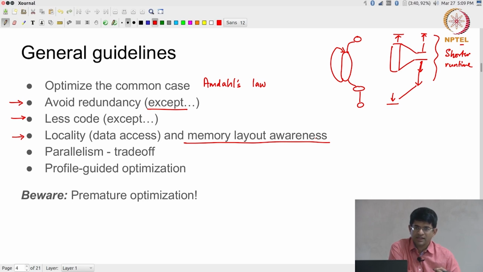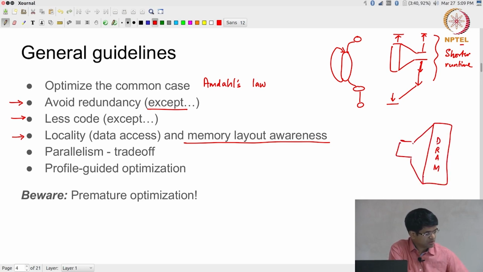Typically you have some large amount of DRAM, a small L3 cache, an even smaller L2 cache, and a really tiny L1 cache. Why I am saying tiny is, this could be gigabytes, this could be tens of megabytes, this would be 1 to 2 megabytes, and this would be kilobytes in a typical processor.